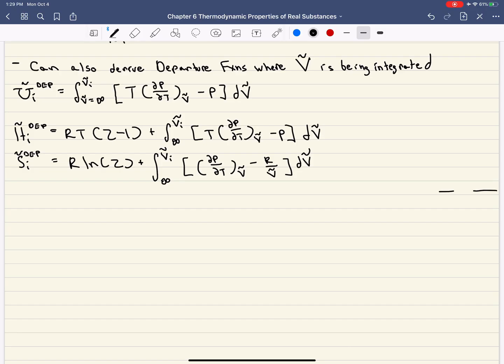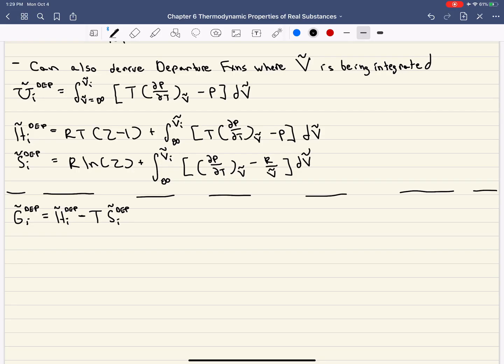The last thing I want to mention is, I wrote departure functions for internal energy, enthalpy, and entropy. But once again, you could write departure functions for any sort of intensive property. For example, we could also derive a departure function for the Gibbs energy. Rather than using the calculus of thermodynamics, we could instead just invoke the fundamental equation for the Gibbs energy, which is G equals H minus TS.